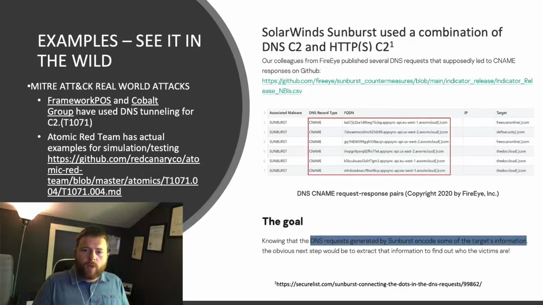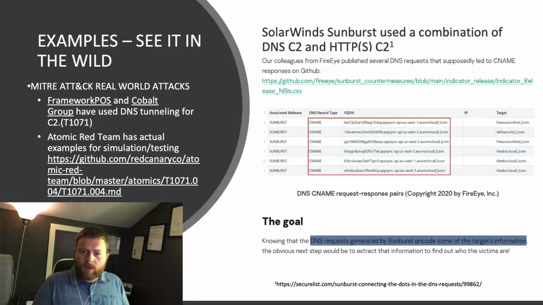Probably the most well-known recent attack was the recent SolarWinds incident. I'm sure most of you have heard of it if you've been following security-related events. With this attack, there were multiple pieces of malware used to compromise high-profile companies and government entities. The SolarWinds Sunburst malware used a combination of DNS and HTTP C2.